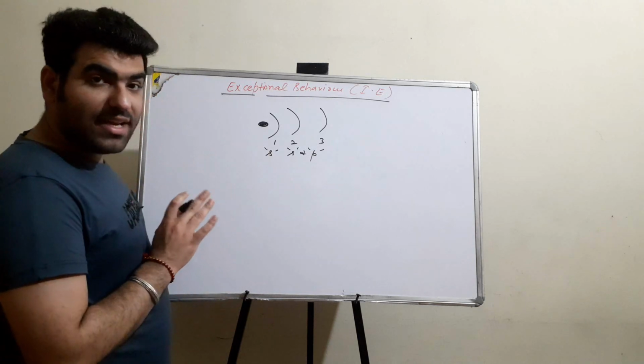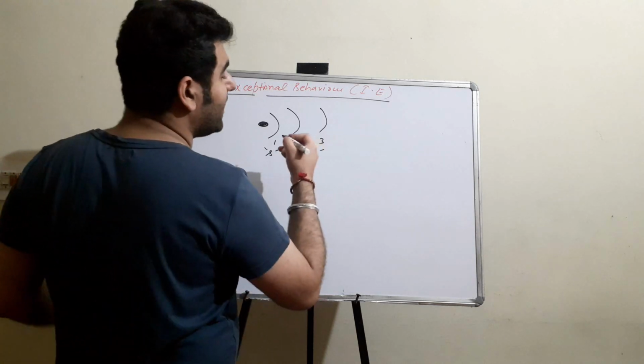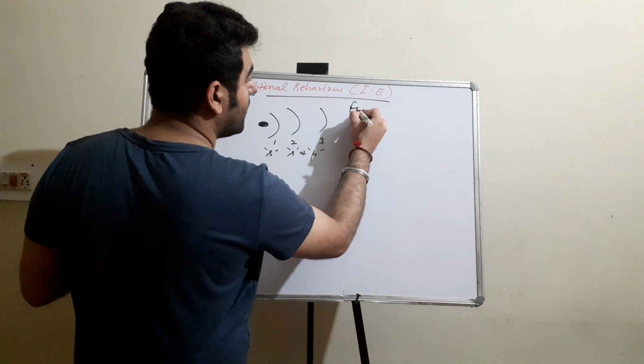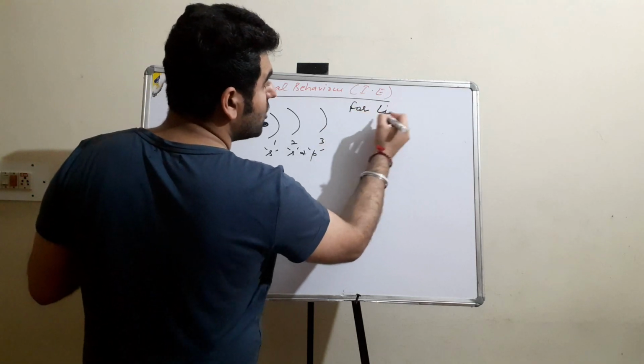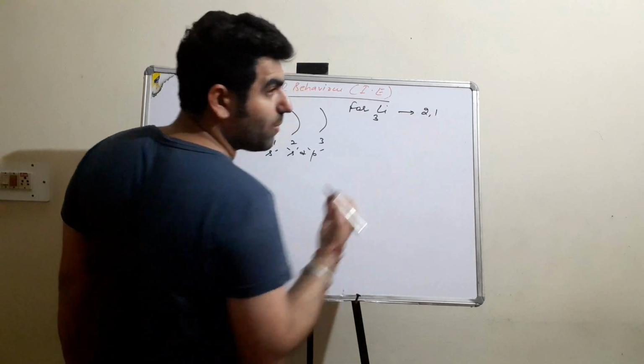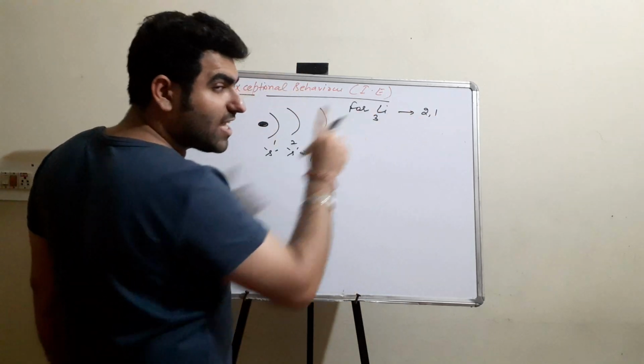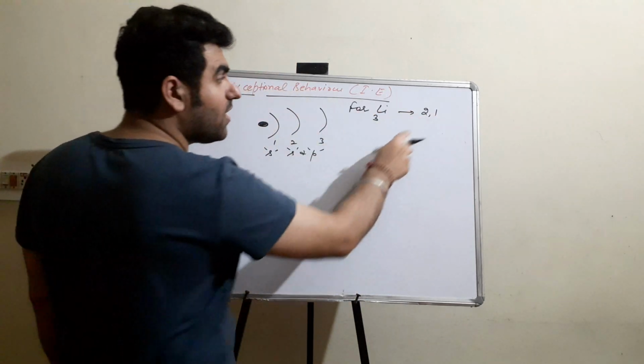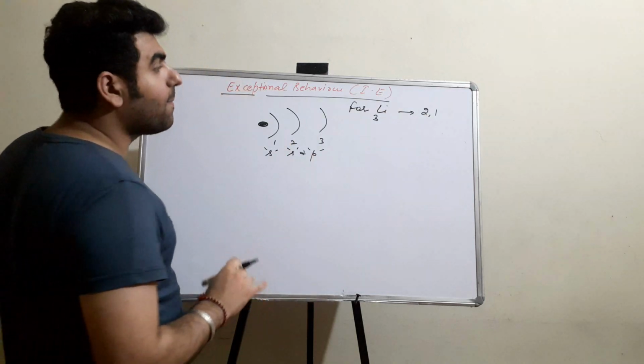When we are writing the electronic configuration, say for lithium, lithium has atomic number 3, so we can write it as 2, 1. The first shell is fully filled according to 2n squared, and the second shell is not fully filled.